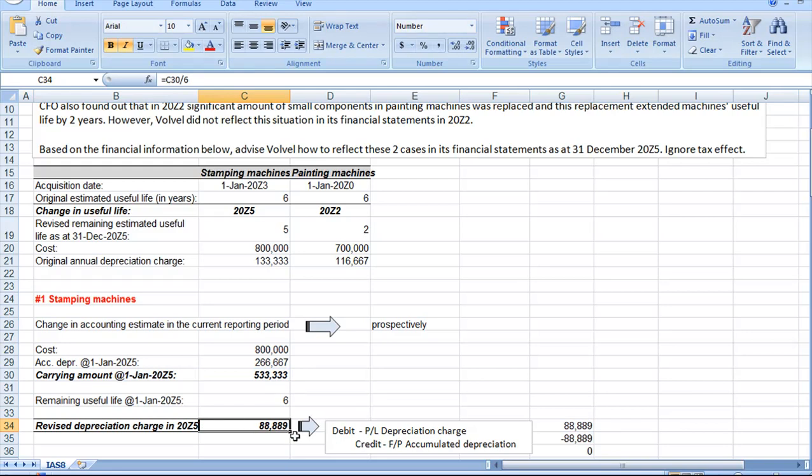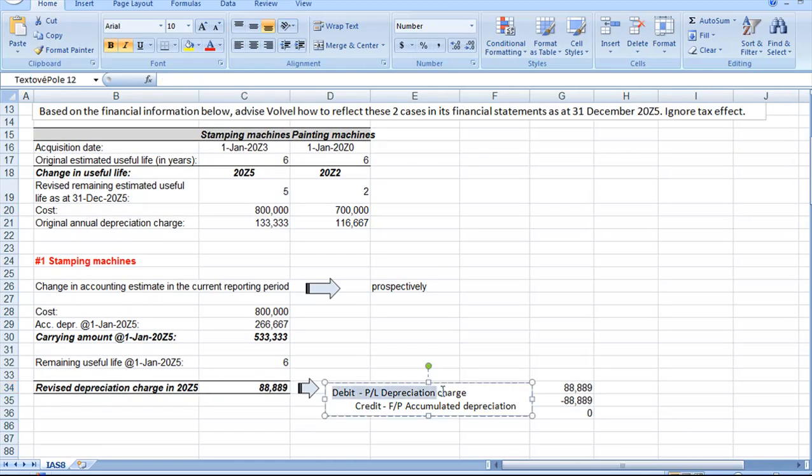Volvo simply recognizes the new depreciation charge as usual, debit profit or loss, or cost of another asset if applicable, and credit accumulated depreciation account. Well, sure, Volvo must disclose appropriate information about the change in accounting estimate in the notes to the financial statements.